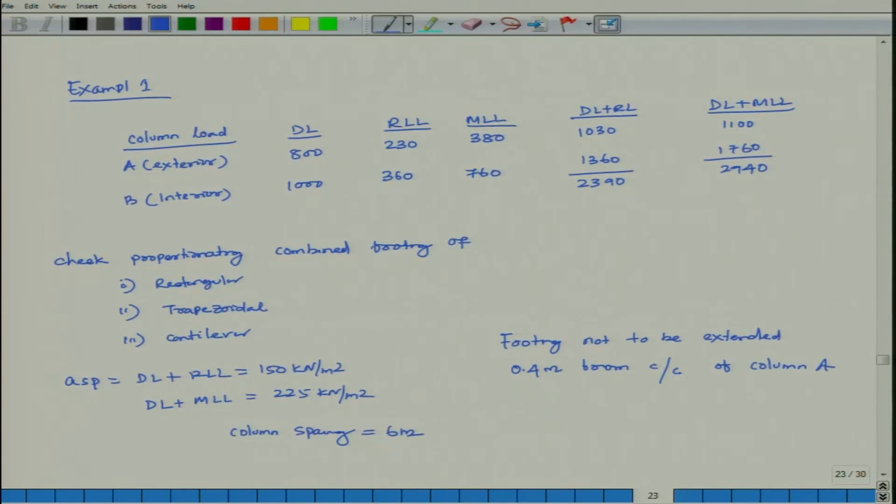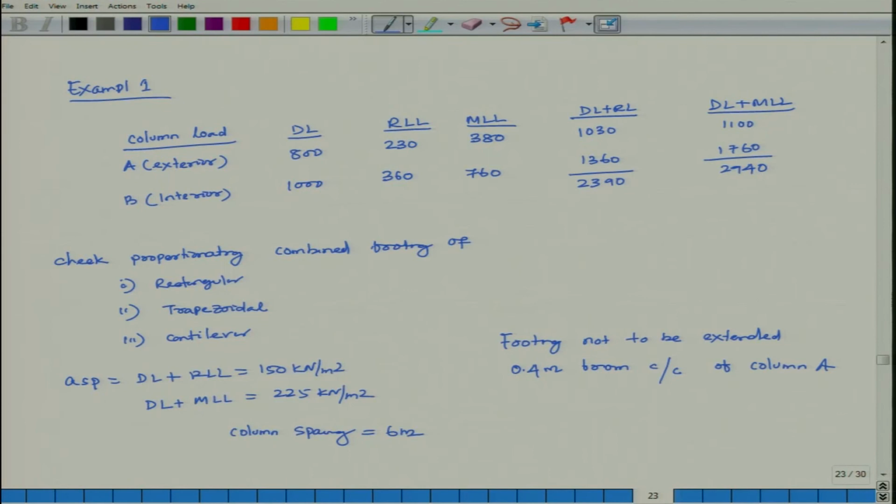There are two columns, one is your exterior column, the other is your interior column. Dead load, reduced live load, maximum live load are given. We have to check the proportioning, that means find the dimensions, considering rectangular, trapezoidal and cantilever.